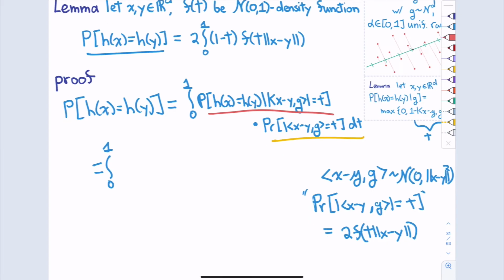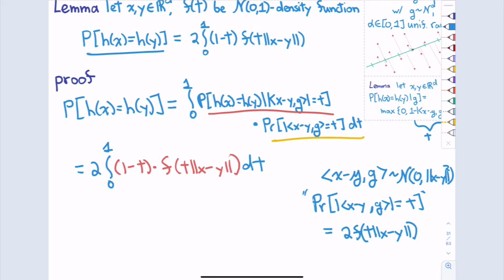So we would get 1 minus t times f of t over x minus y. There's a factor of 2 I'm missing, dt. Not too big a deal, and that's really the only lemma. It's actually not even making that bold a statement. We just wanted to get to this expression. You see some dependence on the distance, maybe that's the main thing.